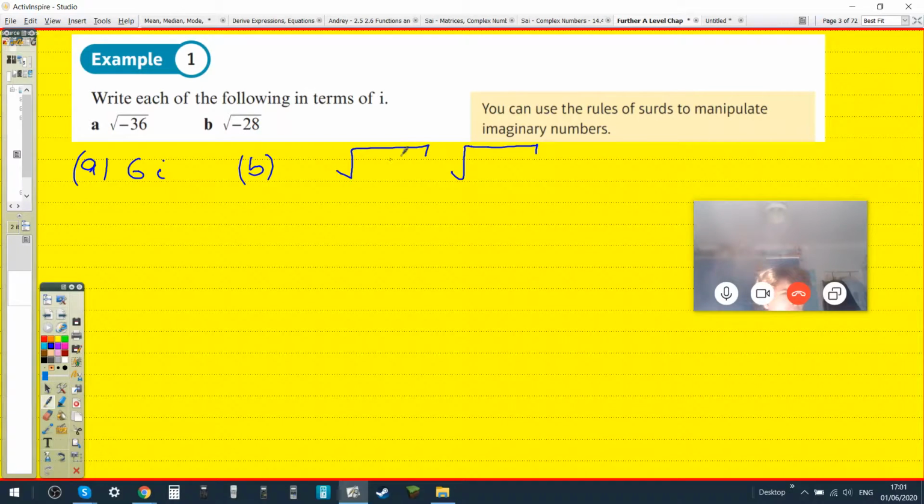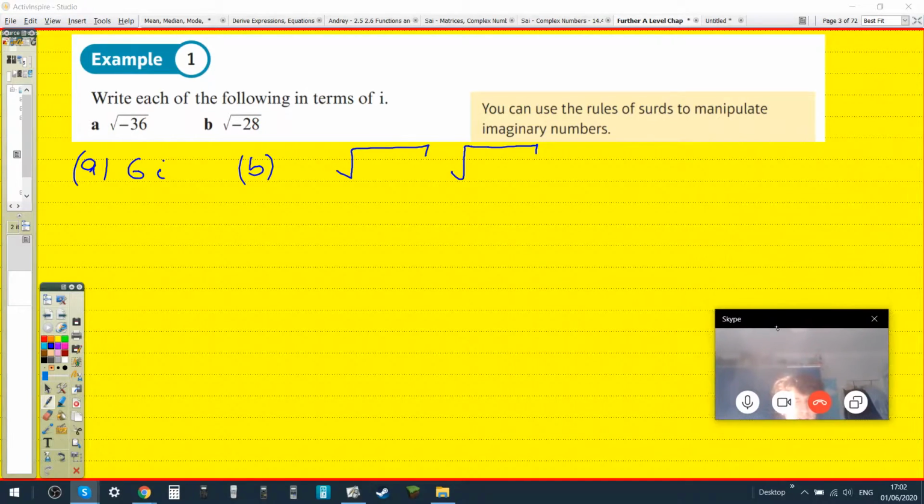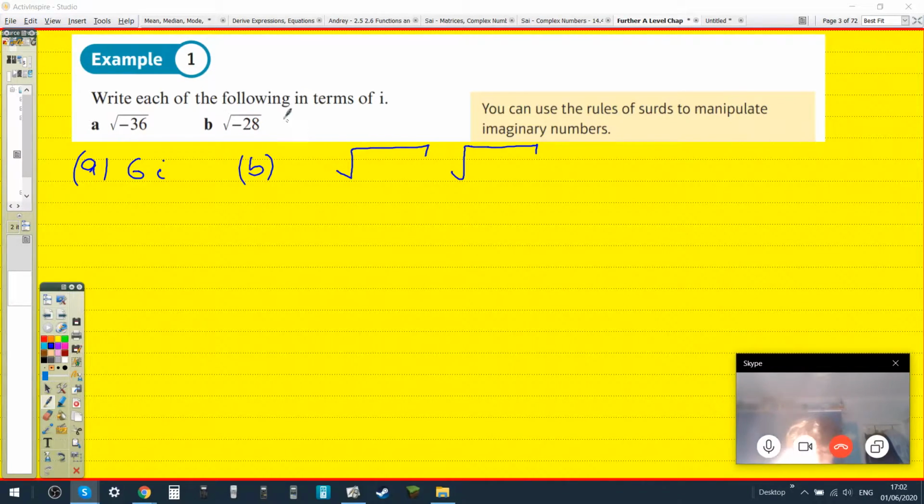No, that wouldn't work. Not 25 and 3. Times each other. 25 would give you 5 still. Sorry? Okay, square root of 25, square root of 3. They have to multiply by each other, so factors of 28.